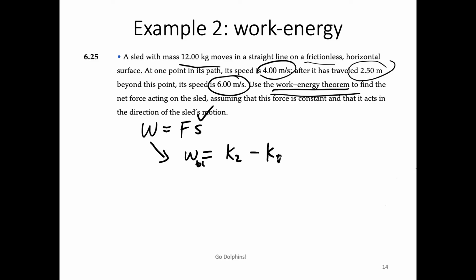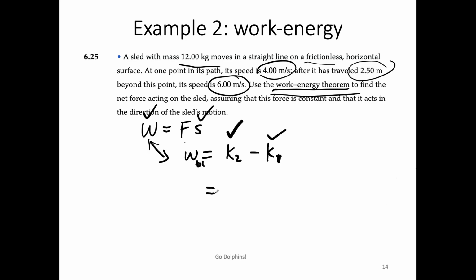This is the work energy theorem. And we do know the final kinetic energy and initial kinetic energy. So we can find the work through the work energy theorem, and then you can find what the force is.